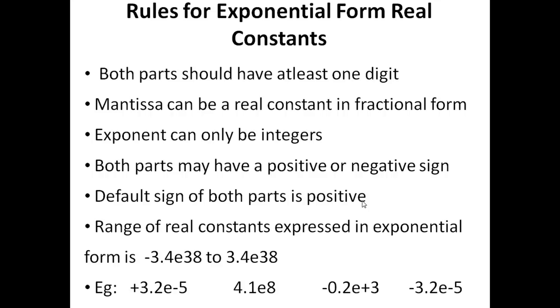The range of real constants expressed in exponential form is from minus 3.4 E38 to 3.4 E38. The following examples are given at the end of the slide.